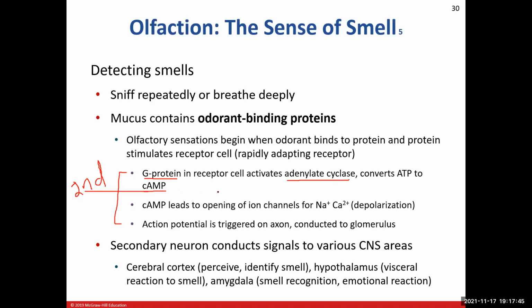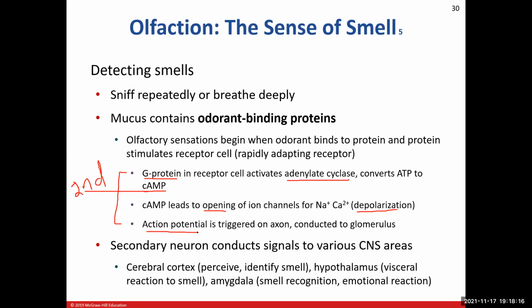Cyclic AMP then triggers the opening of sodium and calcium ion channels. Look at those two elements. They're cations, so they rush into the cell. They make the inside of the cell more positive, essentially depolarizing the cell. Guess what we've just done? We've created an action potential. And that's how smell occurs through the secondary messenger system.